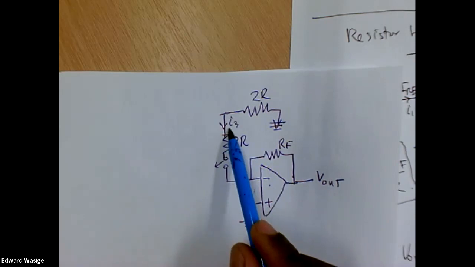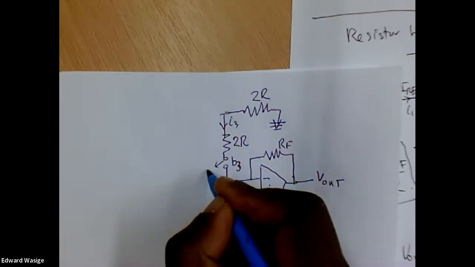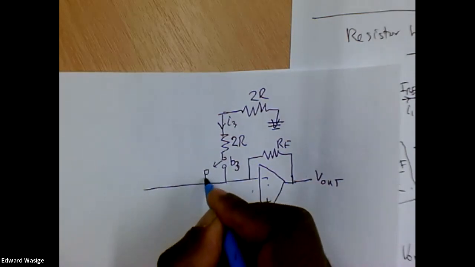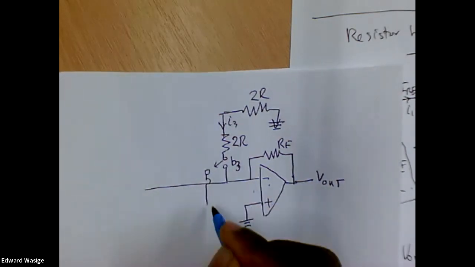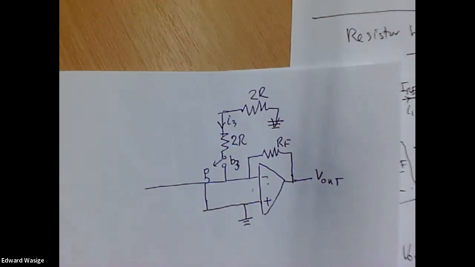But we still need I3 to flow, otherwise this circuit doesn't work, because all the currents must be flowing all the time. And therefore at this point, I would connect that to the ground of the circuit.